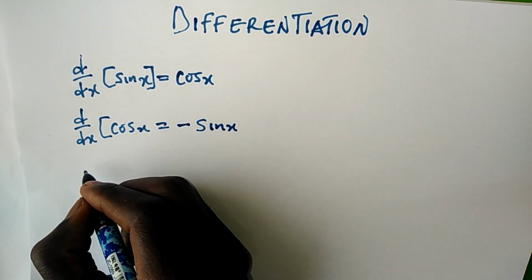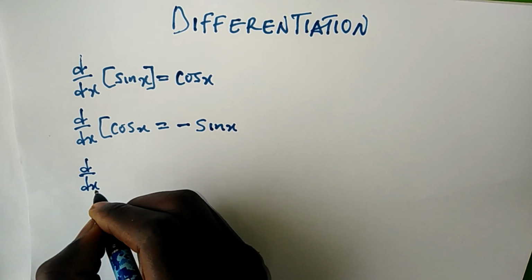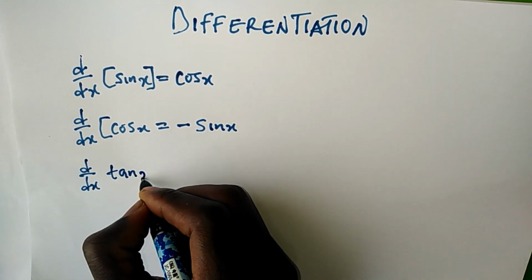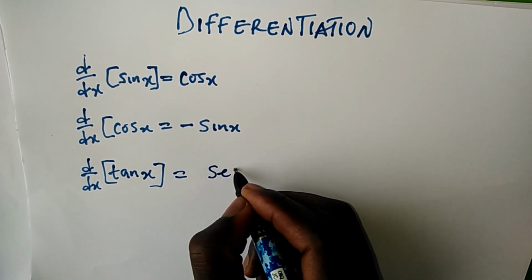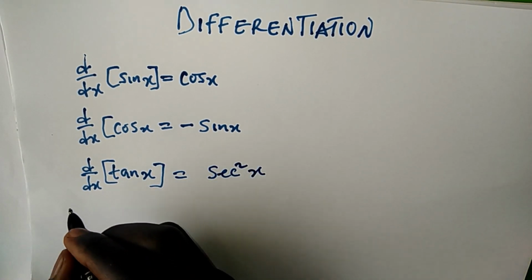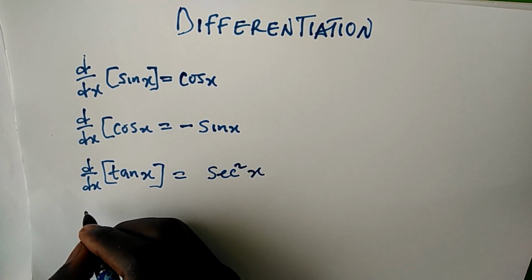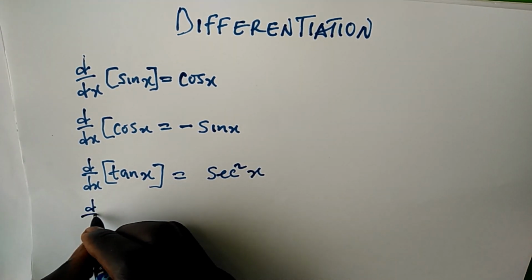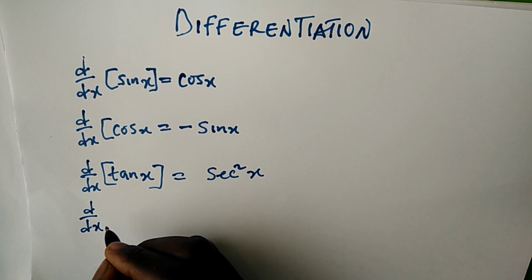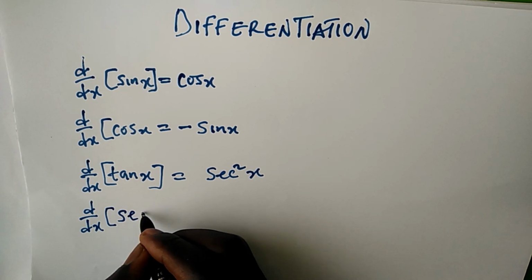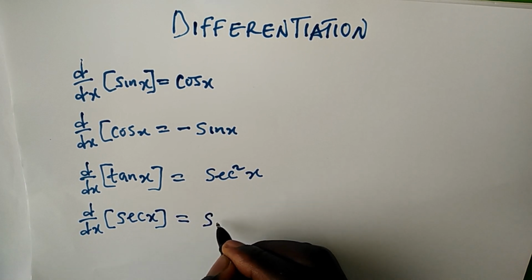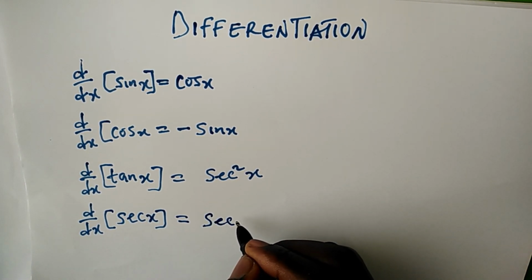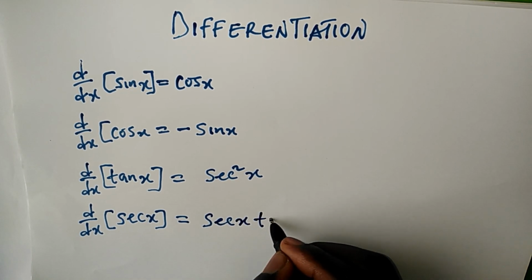Then when you differentiate tan x, what you get will be sec squared x. When you differentiate sec x, what you get will be sec x tan x.